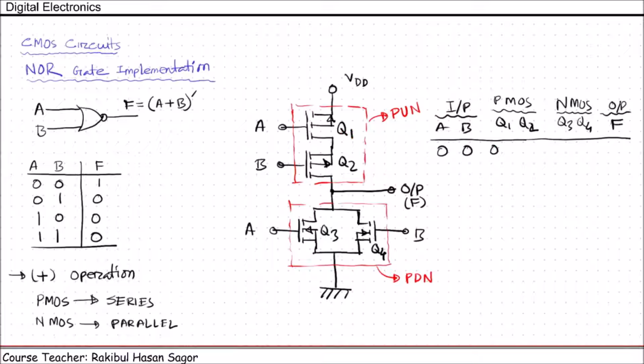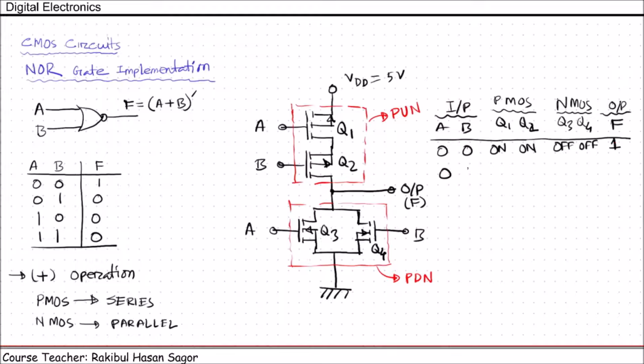So PMOS will be on, and NMOS will be off. Both the PMOS are on, so the output will be equal to VDD. So VDD means, suppose we are having high voltage, that means 5 volt. So we can say output will be 1.